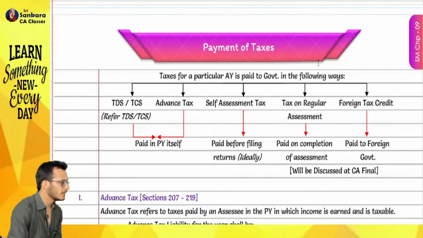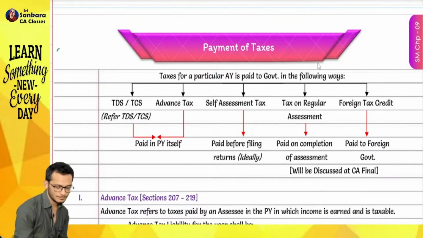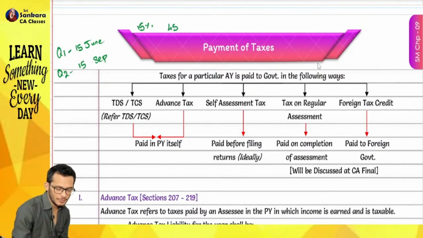Now, how much to pay when, Rahul? In the first quarter, on 15 June, remit 15%. In quarter 2, which is 15 September, remit 45% together.